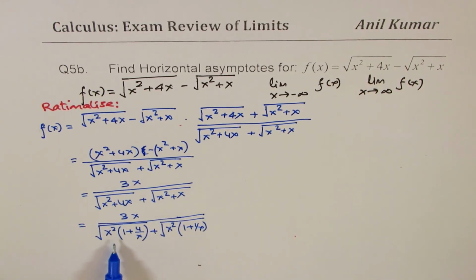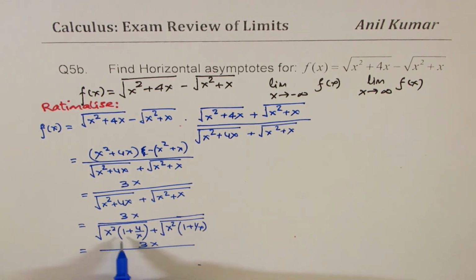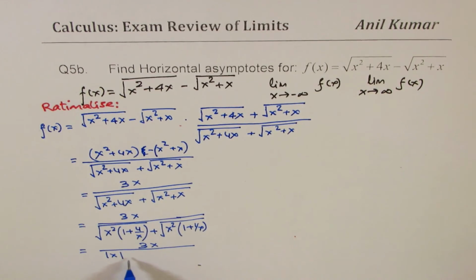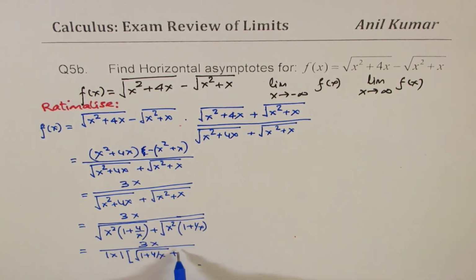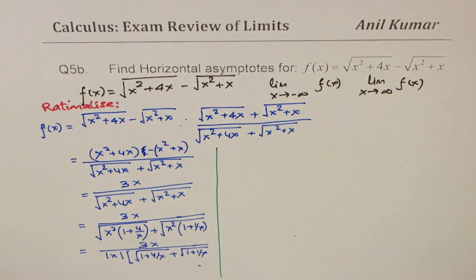Now the square root of x squared is absolute x, which we could factor out. So now I could write this expression as 3x over absolute value of x, and within brackets I get square root of 1 plus 4 over x plus square root of 1 plus 1 over x. Is that clear? So we kind of simplified our expression.